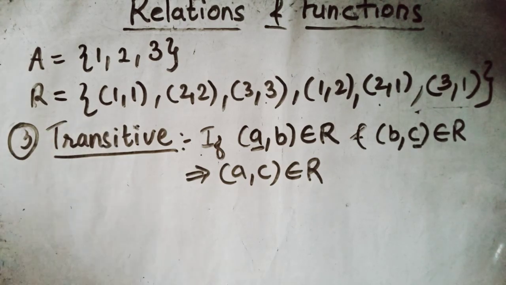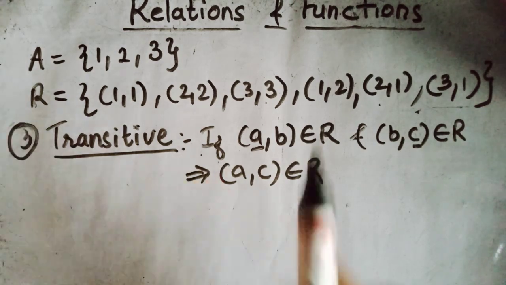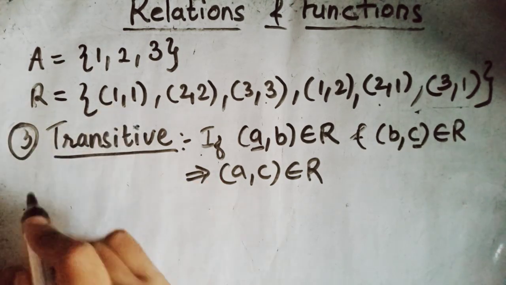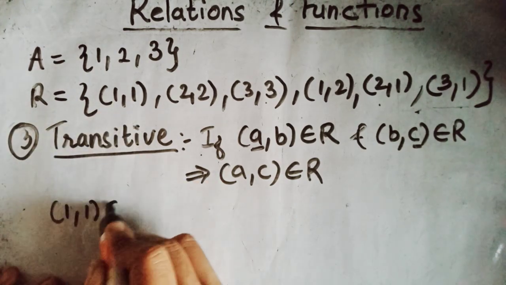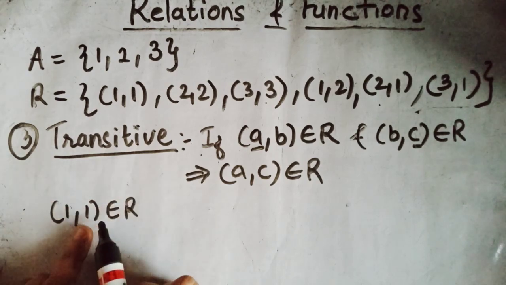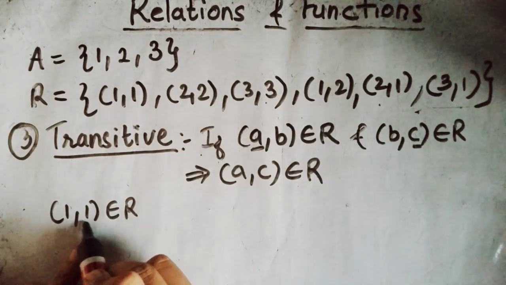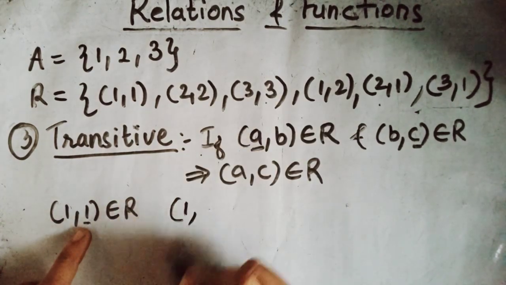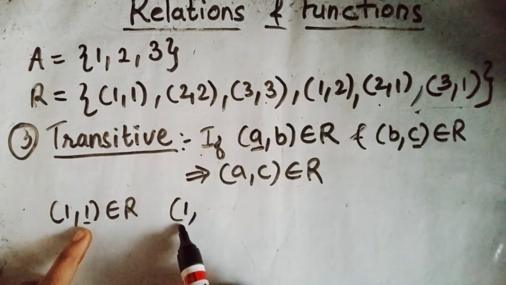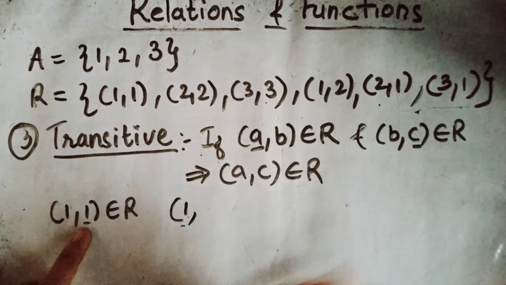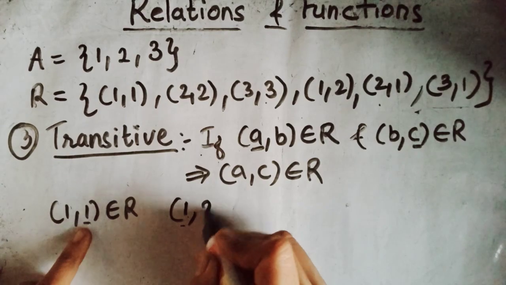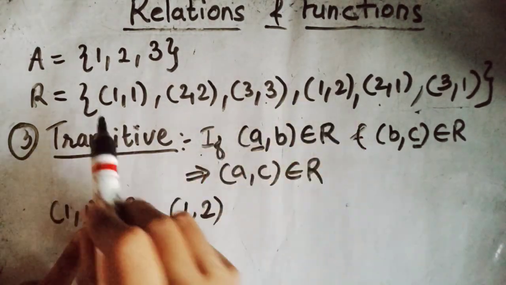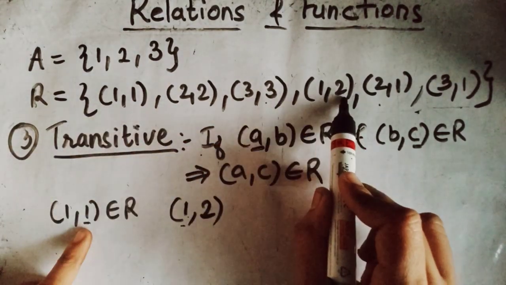So let's check for every element of R. Now I have (1,1) belonging to R. So you have to take an element which starts with 1, because here b is 1. So we need an element which has starting number 1, and then we can take any other number. So there is (1,2). (1,1) and (1,2).